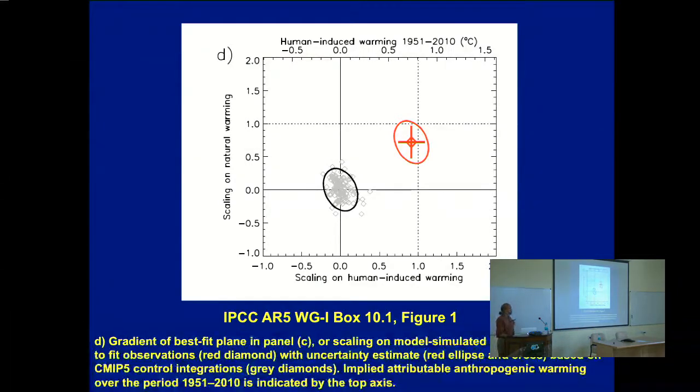So you can actually do that instead of all natural forcings. I can just put one of the natural forcings. I can say only solar radiation. I can put only land-use change. Okay, so I can see which variation is giving me how much attributable warming.